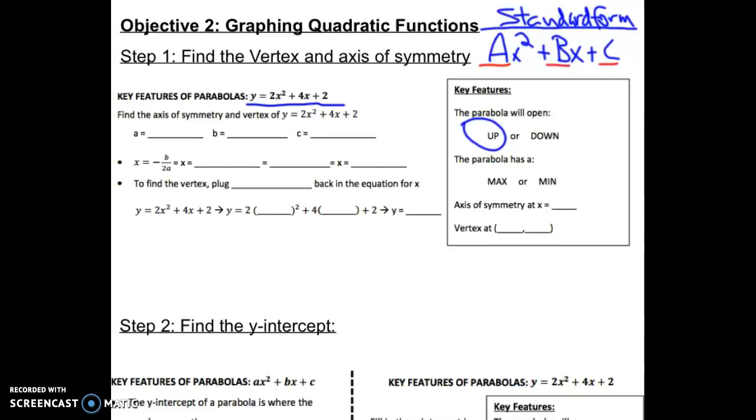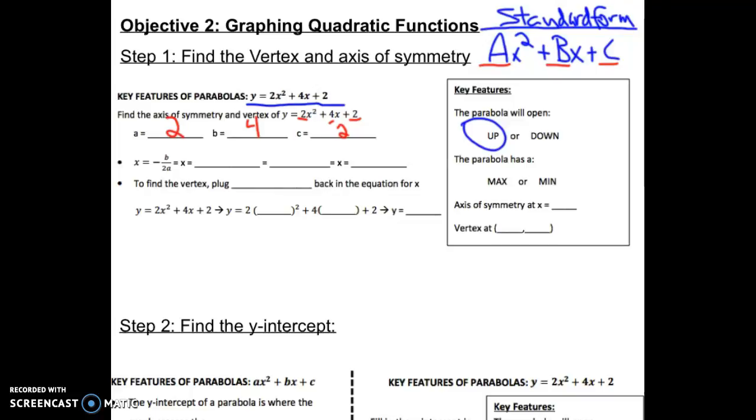So to find the axis of symmetry and vertex, first step is to identify a. In this case, a is right here, is 2. A lot of times, if there isn't a number before, if it's just something like x squared and not 2x squared, just x squared, then we can assume that a is always 1 if there isn't a number listed there. B is the middle term here, 4, and c is the last term, 2. C is always a constant term. It will never change because there's no variable paired with it.